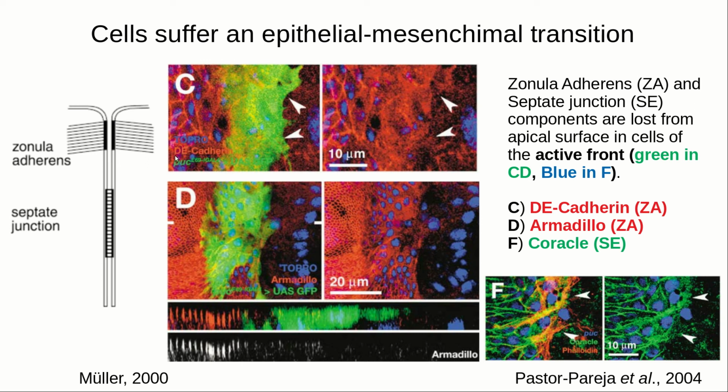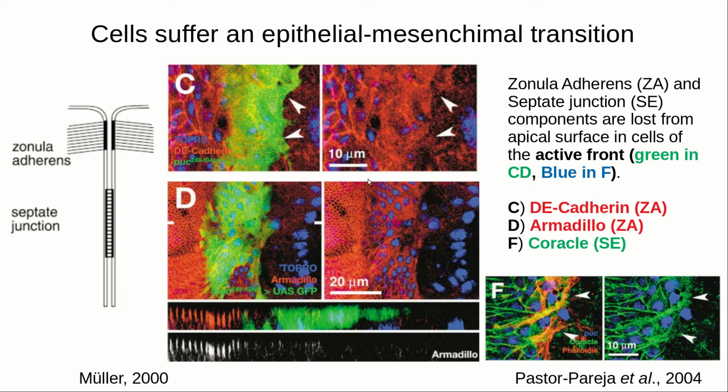So here they label in red the cadherin and armadillo, which are two components of zonula adherens, and they see how, whereas in the disc they are normally in the cell-to-cell junctions here in red, in this green part, which is the one that is undergoing this transition, they stop being located at the cell junctions.